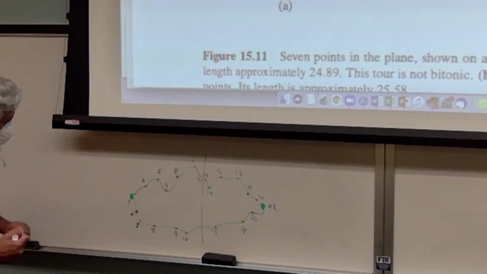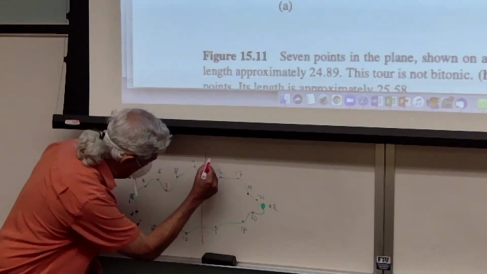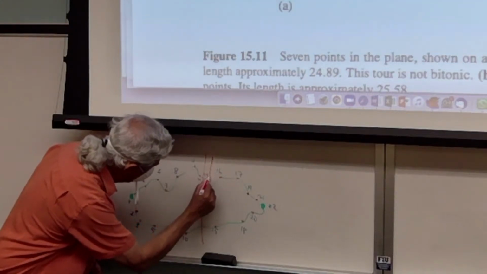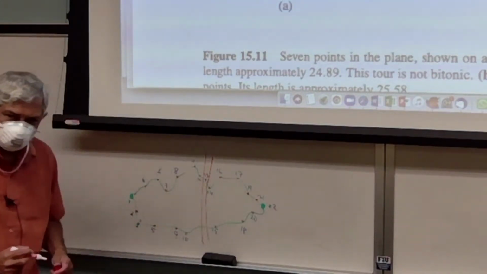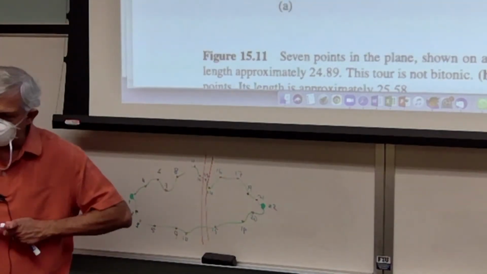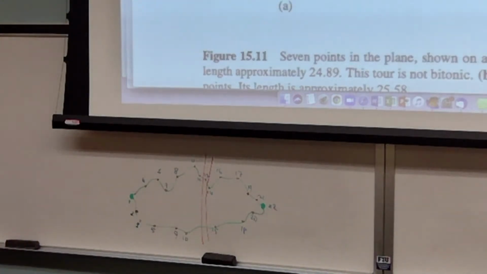And then I'd like to move this forward and include the 13th point and say, okay, can I add one more point to this? Because that would give me a recurrence relation, right? Because now I'd be adding one more point, and then I'd go to 14, and then 15 and 16 and so on. So every point that I add will either go to the upper tour or the lower tour.